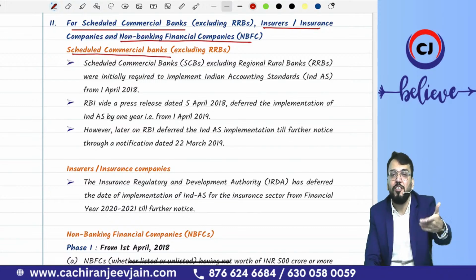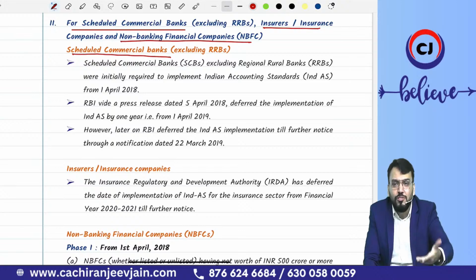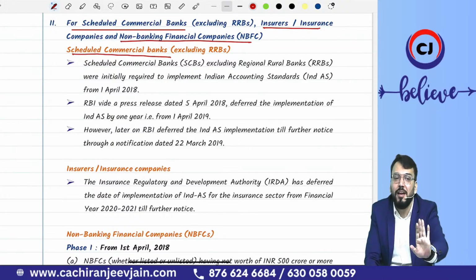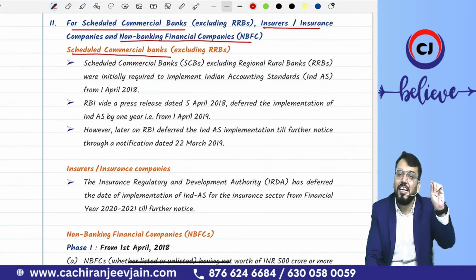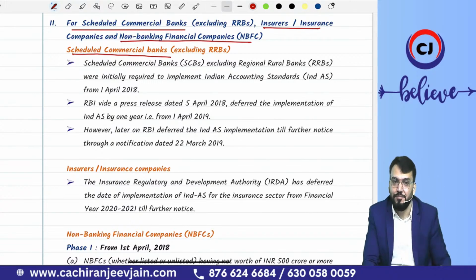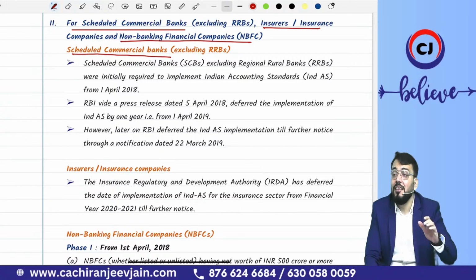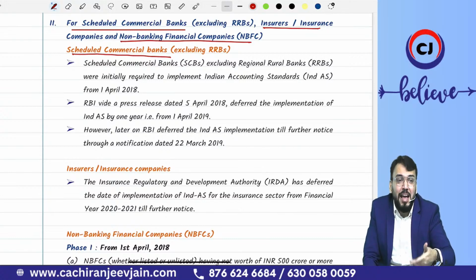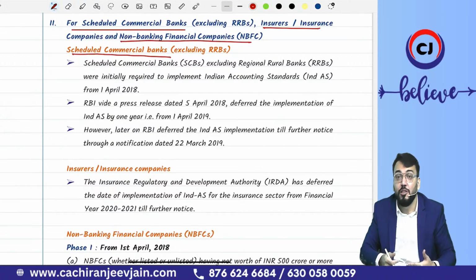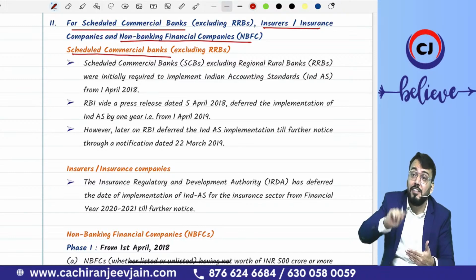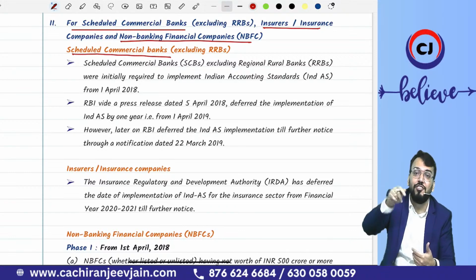Initially, when the roadmap was given, the rules said that for scheduled commercial banks, Ind AS will be applicable from 1/4/2018. The first date was given 1/4/2018. Then the banking sector said that we are not prepared for adoption of Ind AS, because if they want to adopt Ind AS, the entire Banking Regulation Act requires changes.